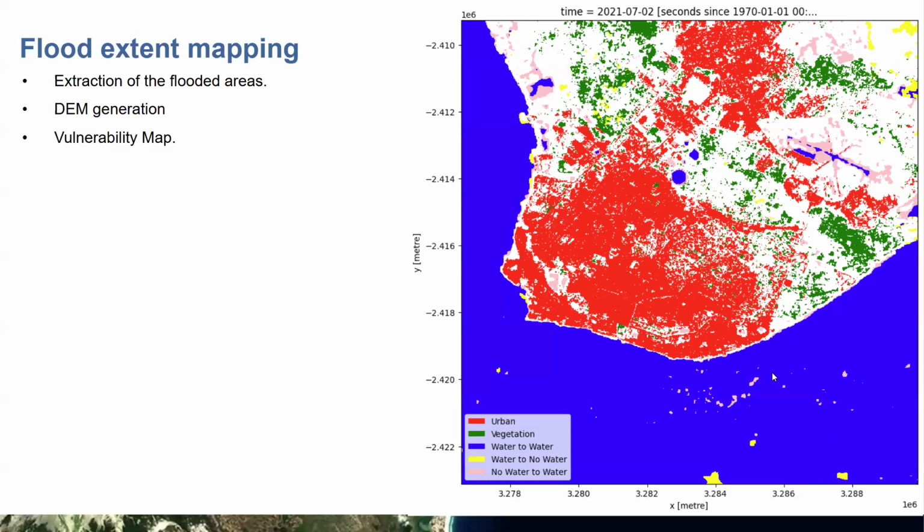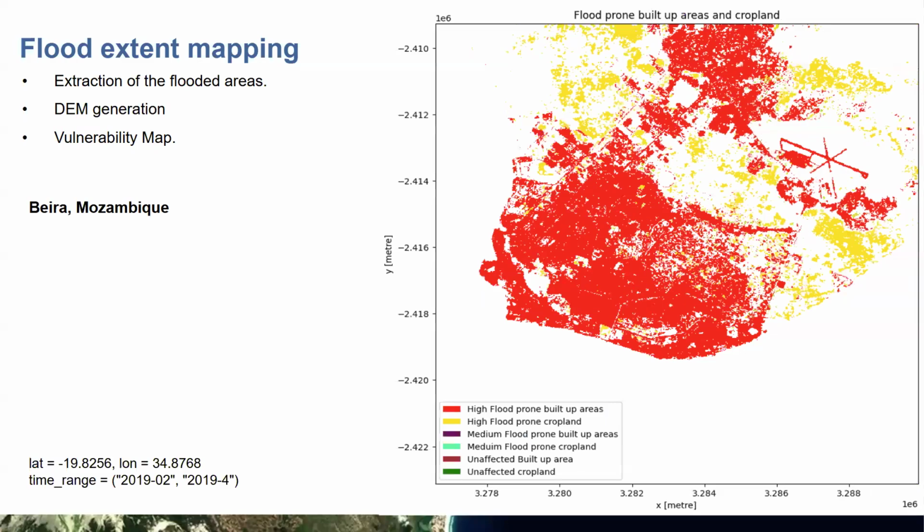Then the next slide. Now using that data set, we did our flood-prone mapping. In this case, the red indicates the high susceptibility of the urban areas, so therefore high flood-prone to built-up areas. We can see that there's a high concentration towards the south, as well as on the north of the map, with high flood-prone to croplands indicated with a yellow color.